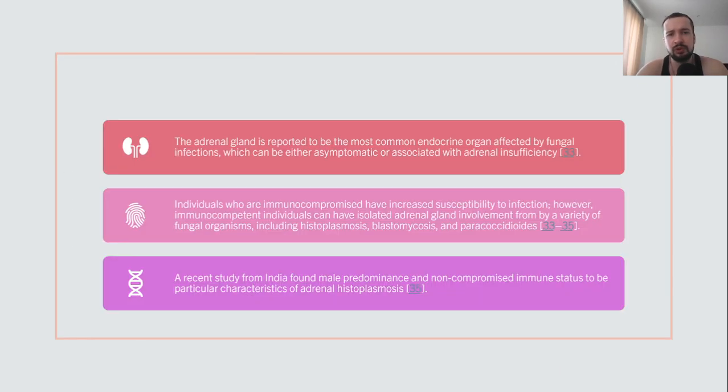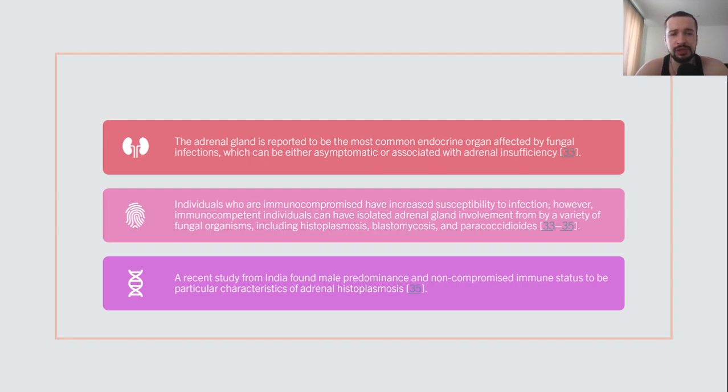The adrenal gland is reported to be the most common endocrine organ affected by fungal infections, which can be either asymptomatic or associated with adrenal insufficiency. Individuals who are immunocompromised have increased susceptibility to infection. However, immunocompromised individuals can have isolated adrenal gland involvement by a variety of fungal organisms, including histoplasmosis, blastomycosis, and coccidioides.